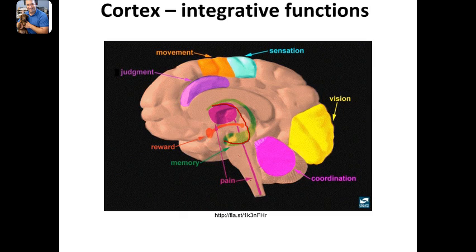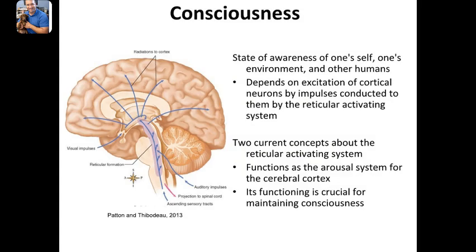Consciousness is going to be mediated in the reticular activating system. This is going to be found throughout the medulla and the pons. Consciousness is defined as being self-aware, being aware of oneself, the environment, and other human beings, interacting with people. So the reticular activating system is very, very important.